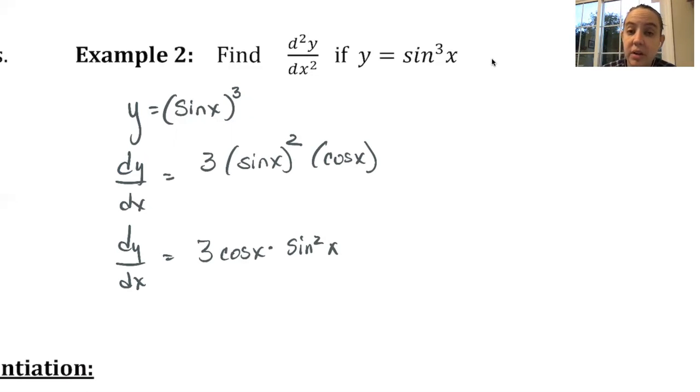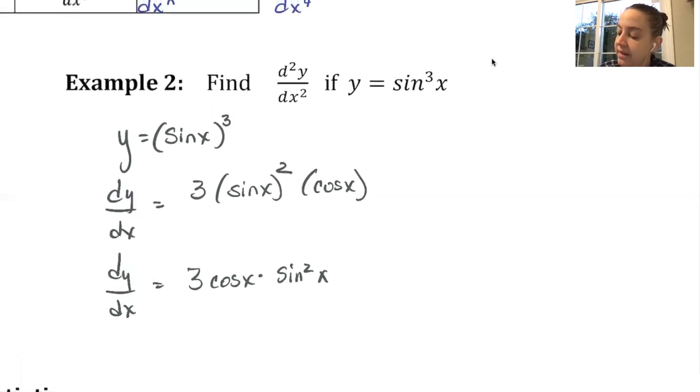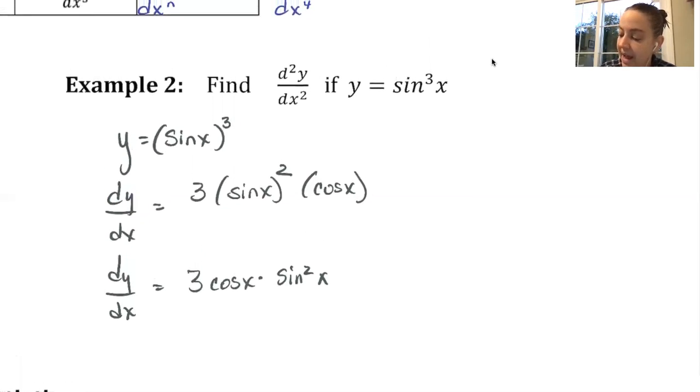The directions are looking for the second derivative. Now, I'm going to scooch over here to the right a little bit. The second derivative now requires a product rule because I have two things being multiplied. So d squared y over dx squared is going to be the first, which is 3 cosine of x, times the derivative of the second, which is sine squared of x, but this is going to be a chain rule again.